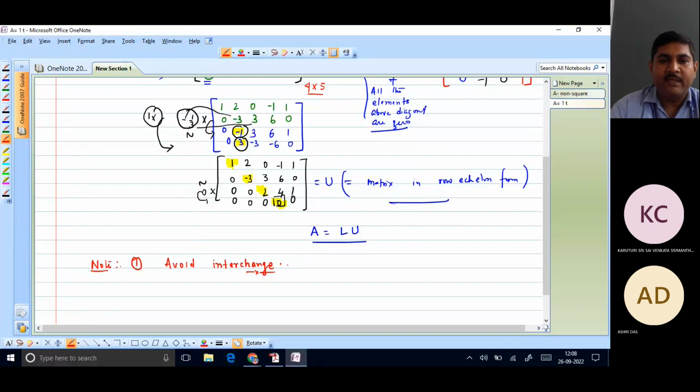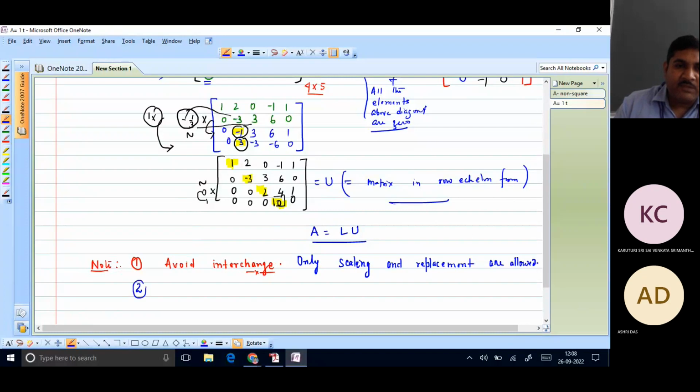You can perform only scaling and replacement. Only scaling and replacement are allowed.